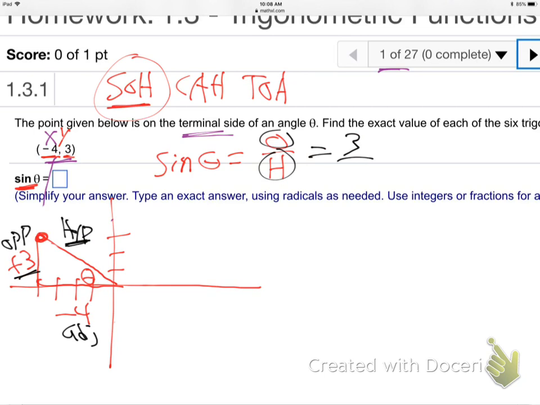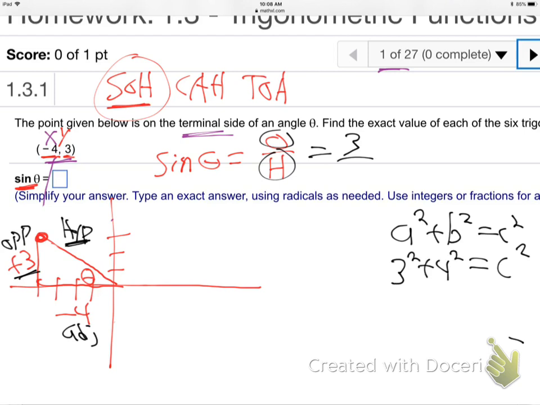Can I find it? How do I find that hypotenuse? Pythagorean Theorem. Yeah, remember the Pythagorean Theorem? A squared plus B squared is C squared. So the C squared is the hypotenuse, right? Whenever you do this, the hypotenuse is the C. The A and the B, doesn't matter what order they're in, they're interchangeable. But the C is the hypotenuse, that's the one alone. So 3 squared plus 4 squared.